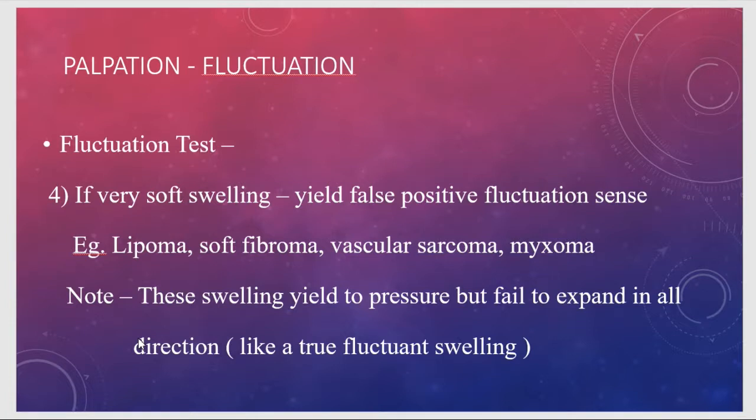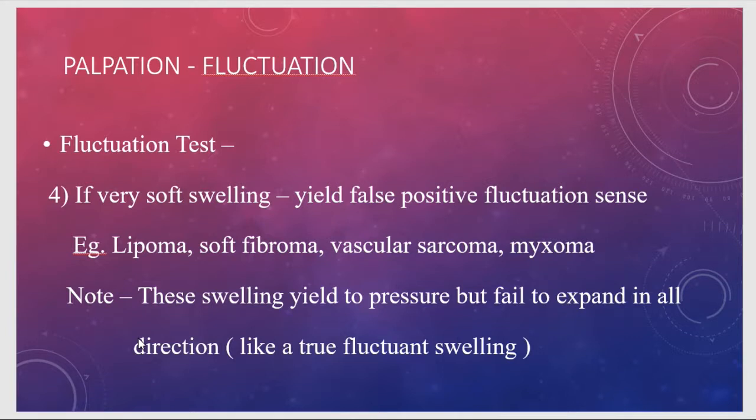Sometimes if the swelling is very soft, it may yield a false positive fluctuation test. For example, especially in cases of lipoma, or if a fibroma is very soft, a vascular mesenchymal tumor, and myxoma. These are the differential diagnoses where we can have a false positive fluctuation.